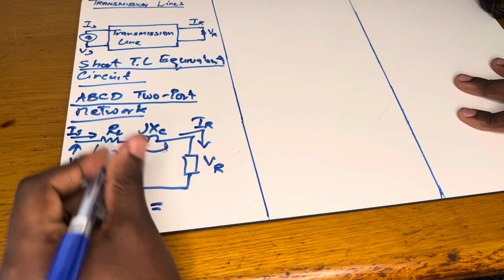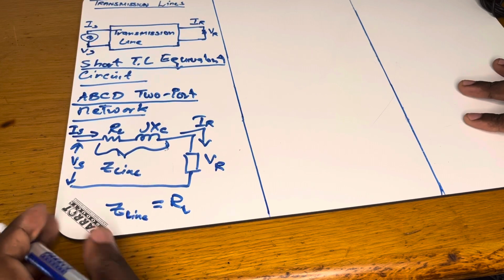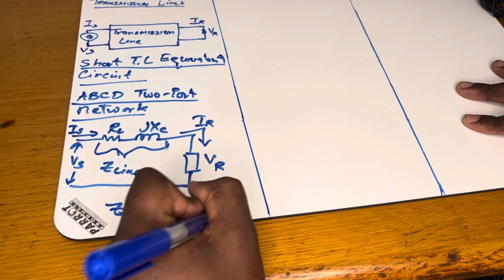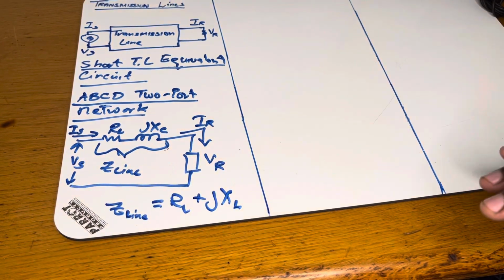Z line consists of RL, which is the real part, and the imaginary part XL. L stands for line. So that's the impedance of this equivalent circuit.